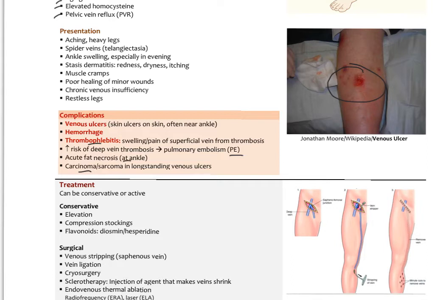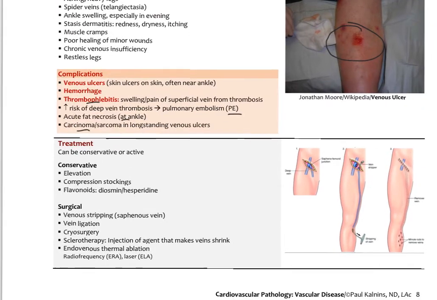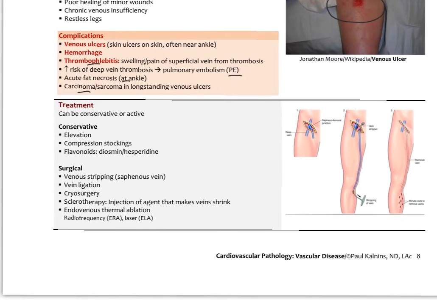So the treatment for varicose veins, we can classify as either conservative or active. Conservative would be things like elevation and wearing pressure stockings, compression stockings. We do think a lot of flavonoids, diosmin, hesperidin, and whatnot, which are found in a number of different herbs and supplements, can help.